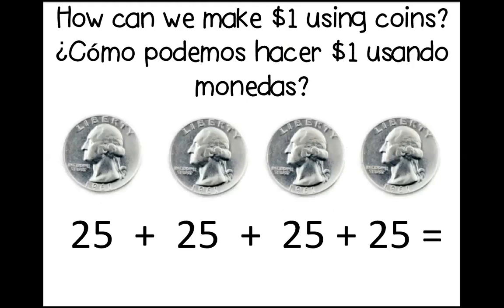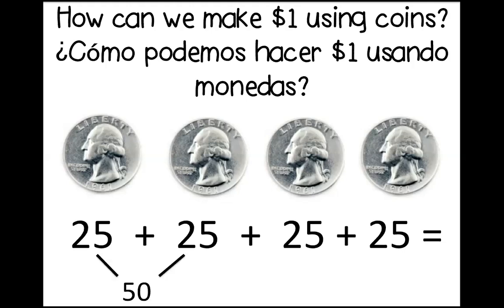Now, if I have 4 quarters, I have 25 plus 25 plus 25 plus 25. Let's add just the first 2 together. 25 plus 25 makes 50.